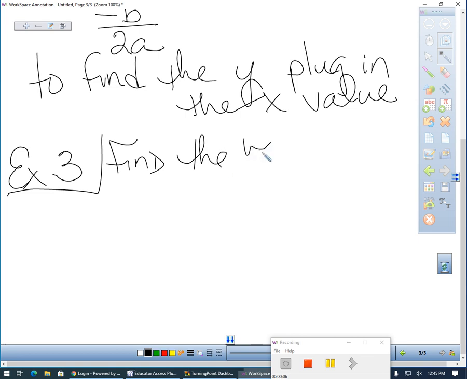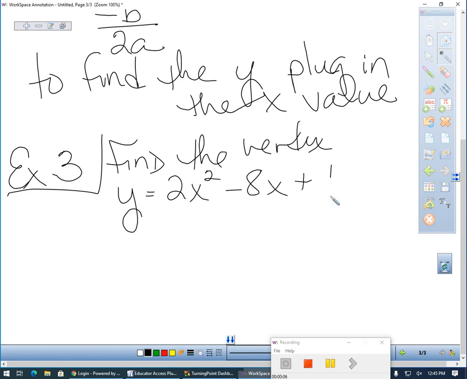Example number 3, find the vertex. And let's go with y equals 2x squared minus 8x plus 1. So just to remind you, of course, this is standard form, so this is our a, this is our b, and this is our c.